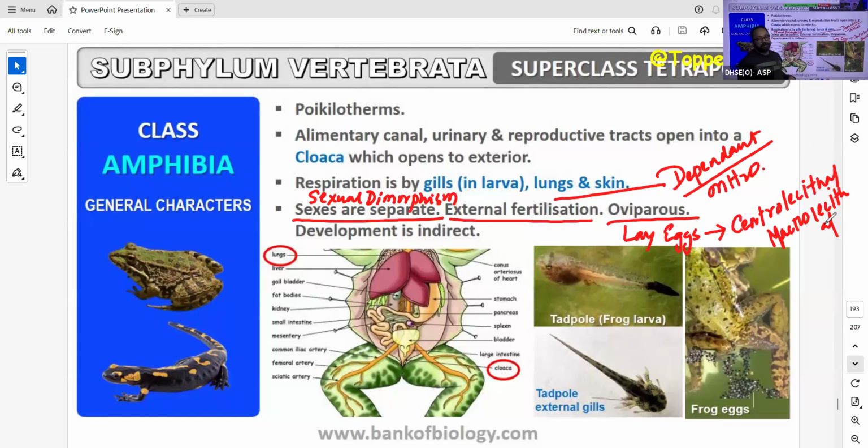So centrolecithal, but the yolk content is comparatively high with respect to the size of the egg, hence macrolecithal. So it is centrolecithal and macrolecithal. Suppose you do not understand centrolecithal or macrolecithal. Let me give you an example.